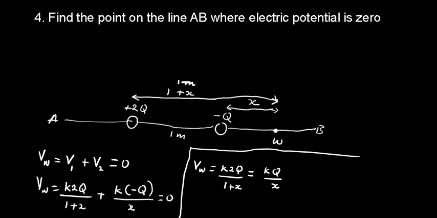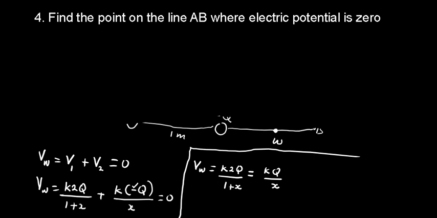So V W will now be equal to, we cancel K, cancel Q, it's going to be 2 over 1 plus x is equal to 1 over x.